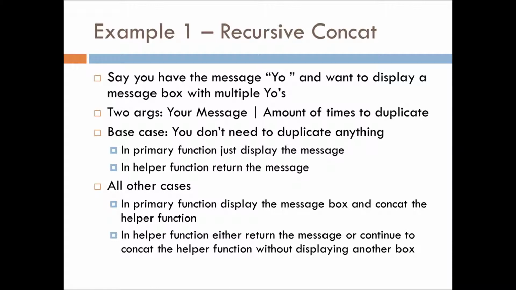In the helper function, you either return the message if it's the base case, or you continue the message concatenated with the helper function until you get to the base case. So let's say you call recursive concat with yo and 5. You should get yo, yo, yo, yo, yo.